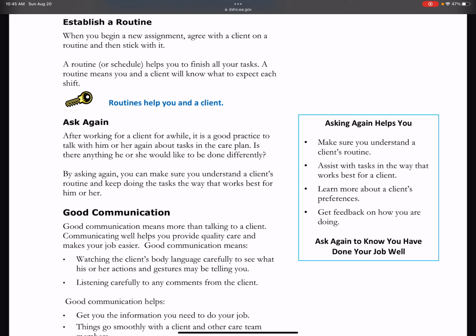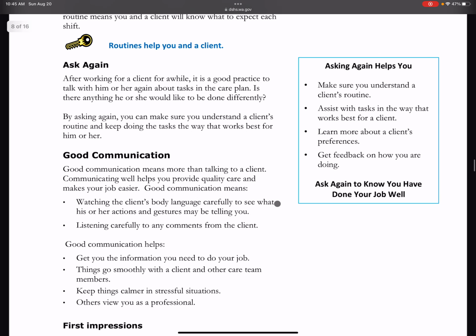Watch the client's body language carefully to see what his or her actions and gestures may be telling you, and listen carefully to any comments from the client. Sometimes clients don't talk, so you have to look at the client's body language. What does the client want?